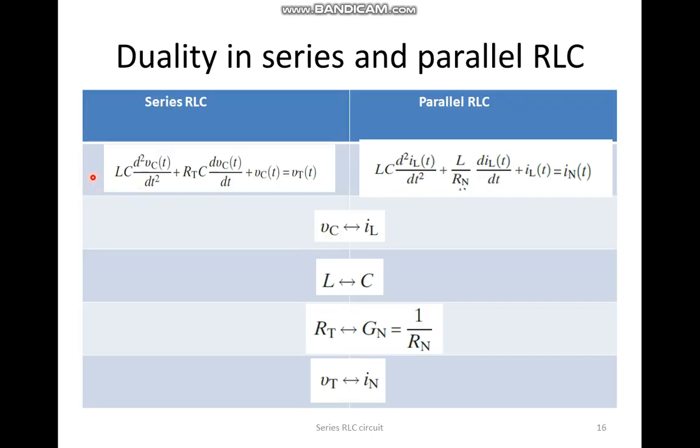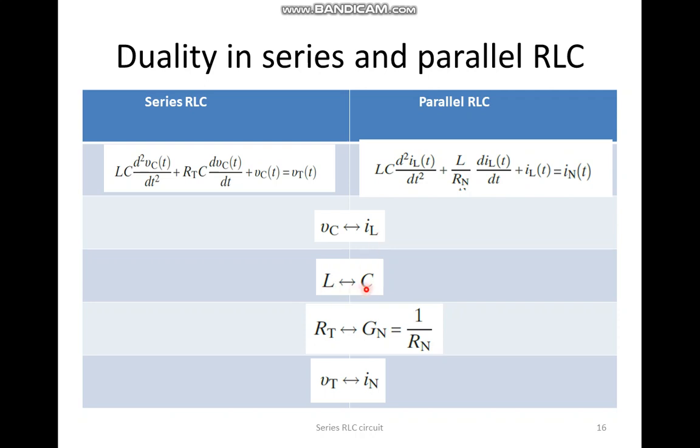Comparison of the equations obtained in the series RLC circuit and the equation obtained in the parallel RLC circuit leads us to show the principle of duality between series and parallel RLC circuits. It can be observed from these equations that the variables Vc of t and IL of t are dual of each other, where whatever Vc is in the series RLC circuit, we can replace it with IL in the parallel RLC circuit.